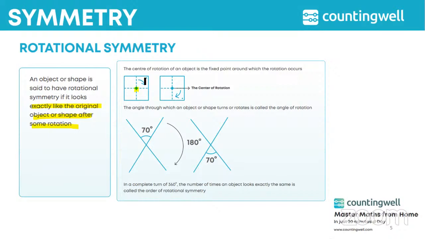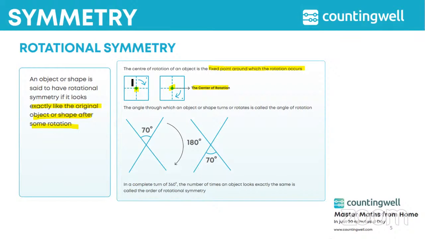If we rotate this object around this fixed point, then the shape of this object remains the same after some rotation. This center point is called the center of rotation, a fixed point around which the object is rotated.